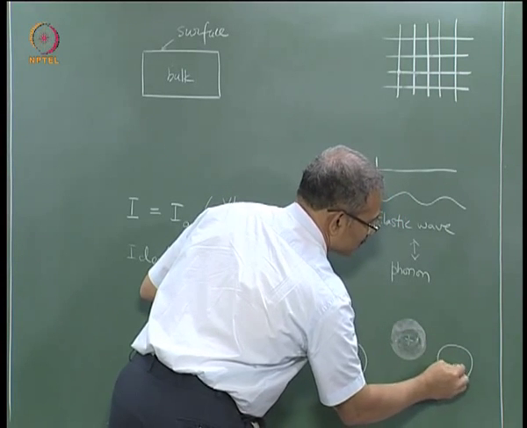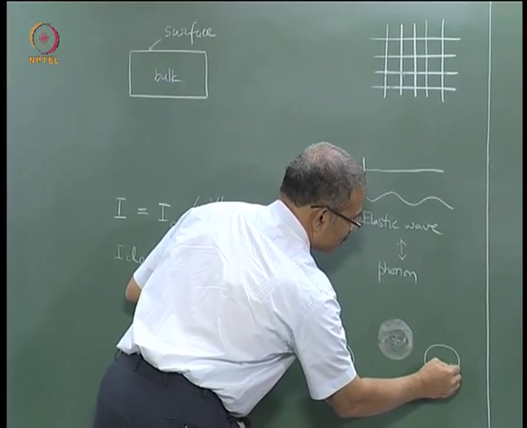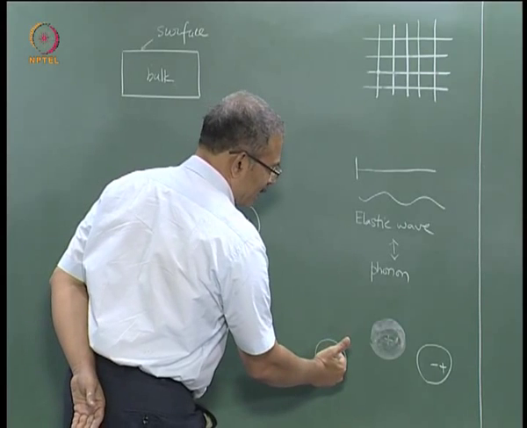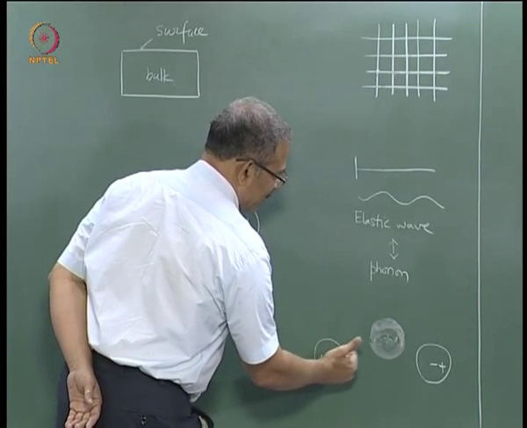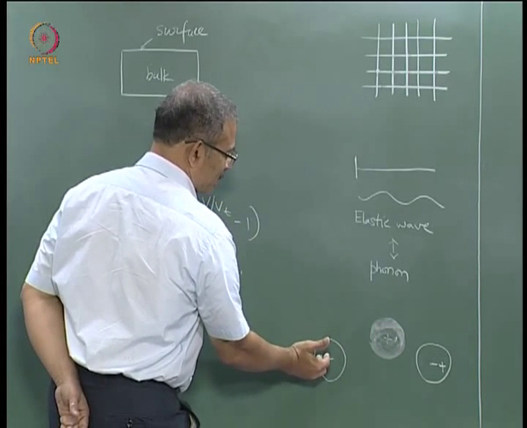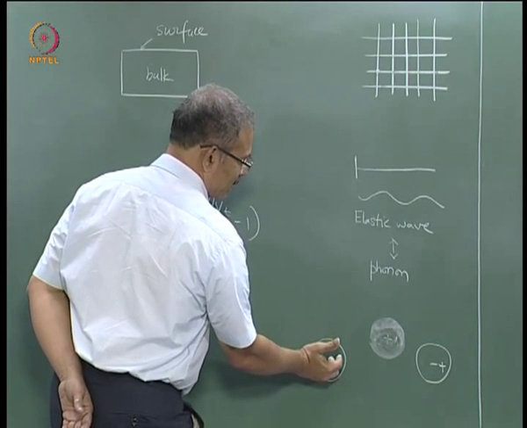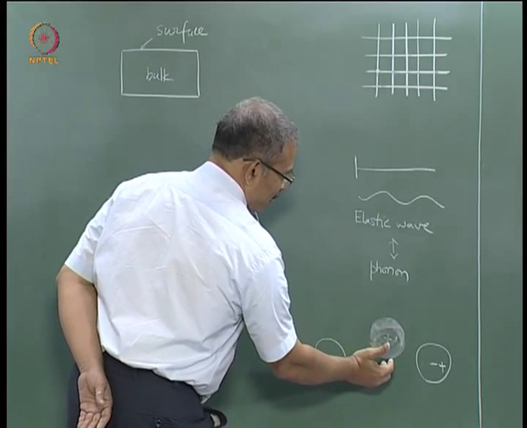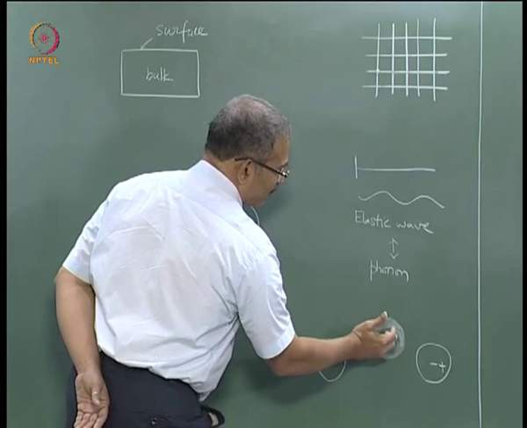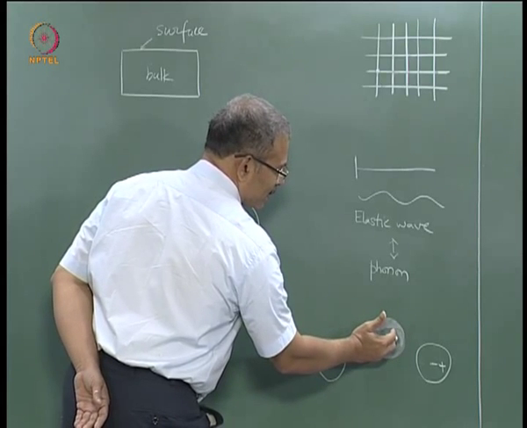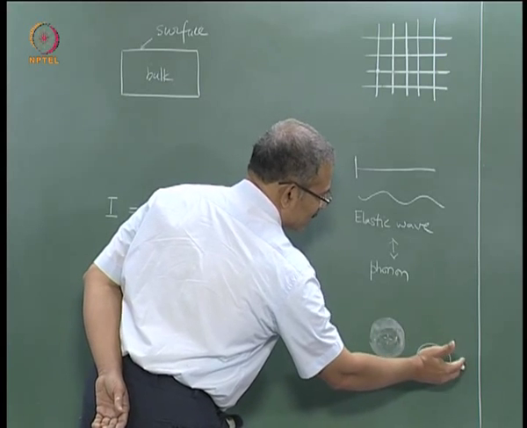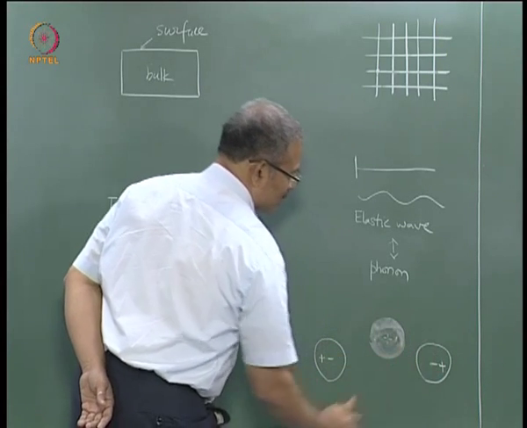So this is an oscillating atom, right? At one end of the oscillation you have the positively charged nucleus towards the left of the center of the electron cloud. At the center of the oscillation you have both of them coinciding. The electron cloud and the nucleus are concentric, both centers coincide. Now here the nucleus has moved to the right of the center of the electron cloud.